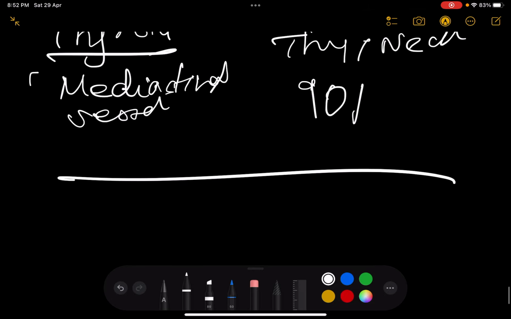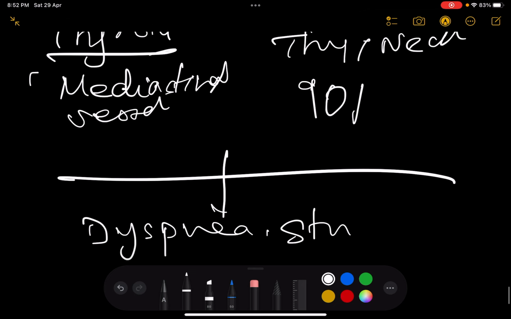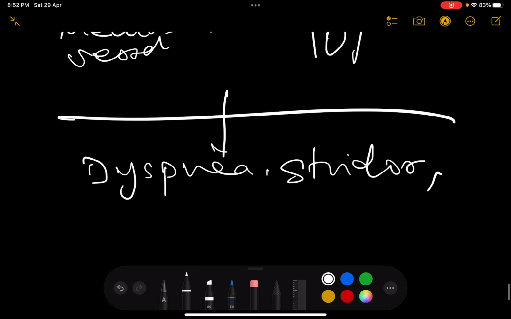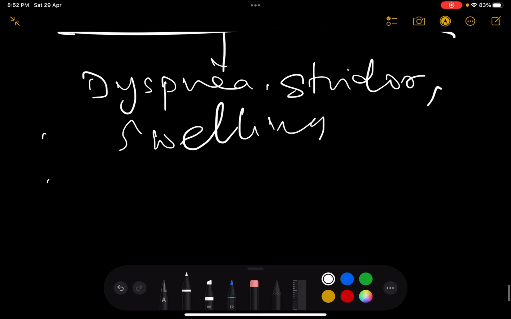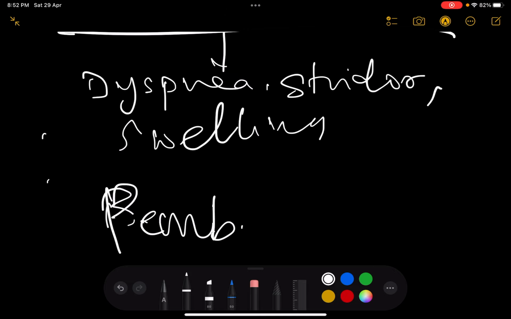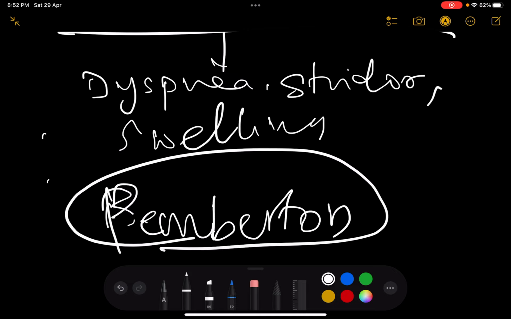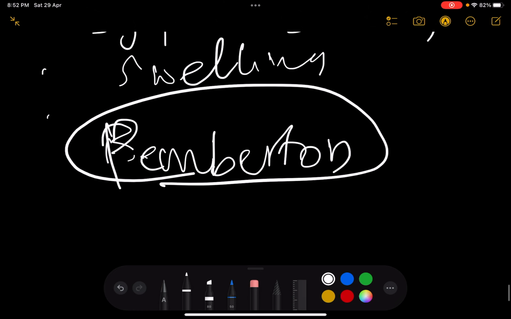What are the conditions that are going to be seen with the retrosternal goiter? As I told you, it's going to be dyspnea, stridor, dysphagia also. Probably there will be swelling. You will obviously not be able to palpate the lower line, and very important is the Pemberton sign. Now, the Pemberton sign is something which I really find fascinating. It can occur in a lot of conditions, but it's not given the name Pemberton.